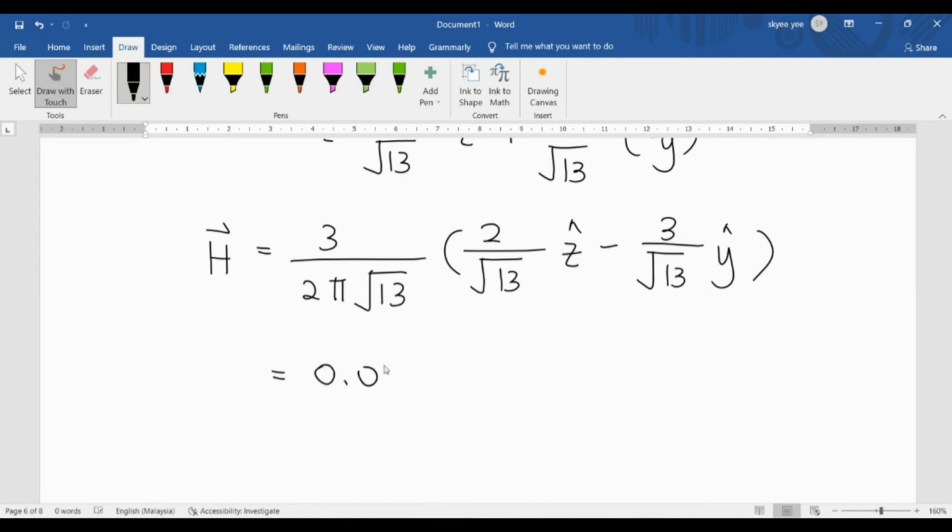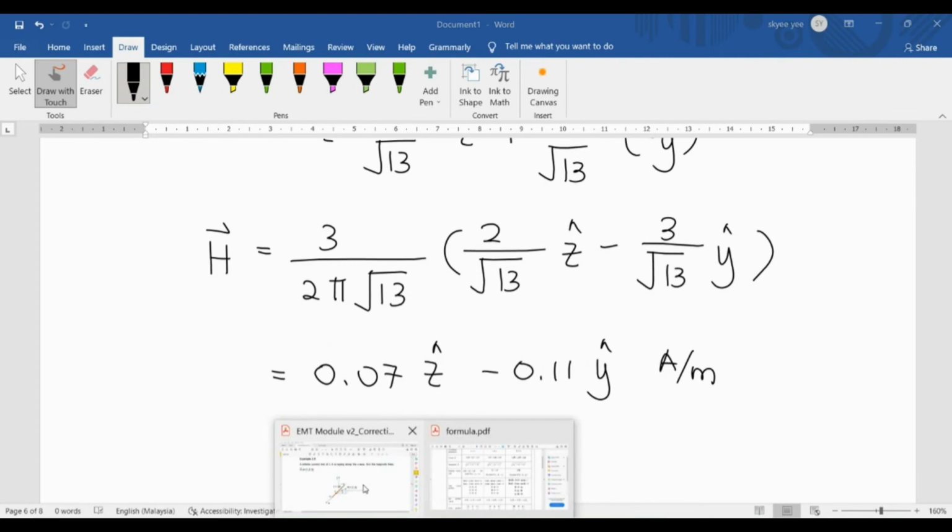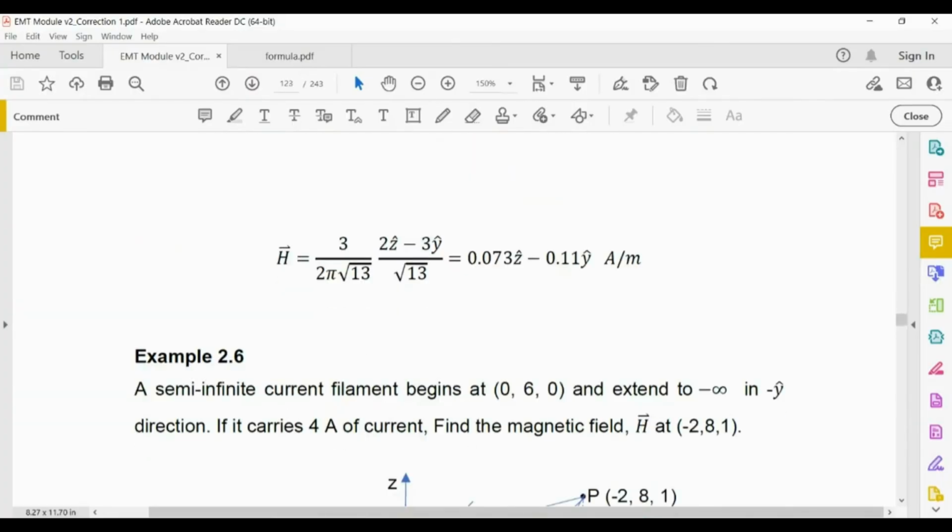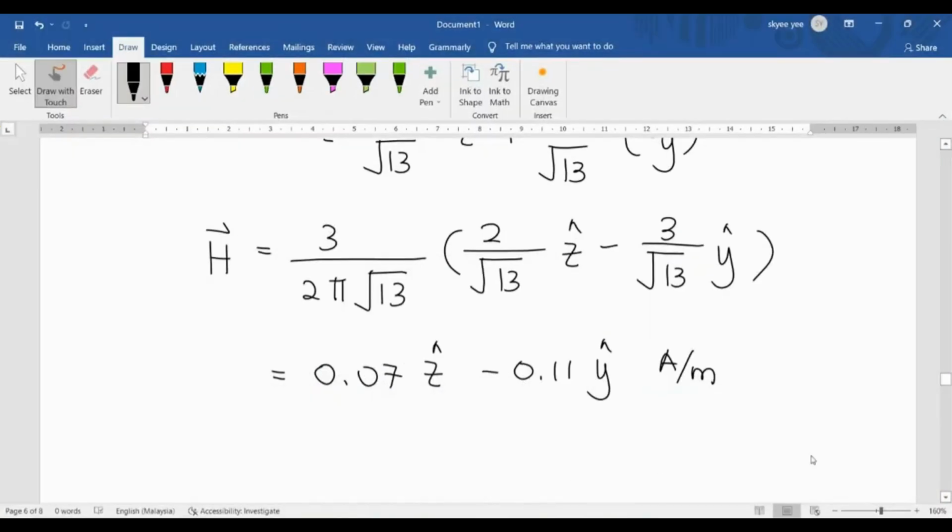So you have 0.07 z minus 0.11 y amperes per meter. Is it correct? Something like that.